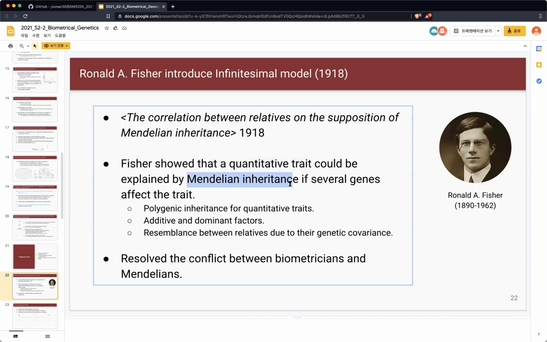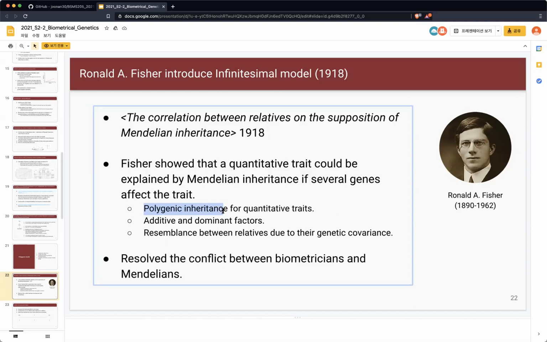And why we call this situation polygenic inheritance: poly means many, and genic means genetic factors. So several genes affect the trait. That means several polygenes affect the trait, right? That situation we call polygenic inheritance. And that is the underlying mechanism for quantitative traits, right?